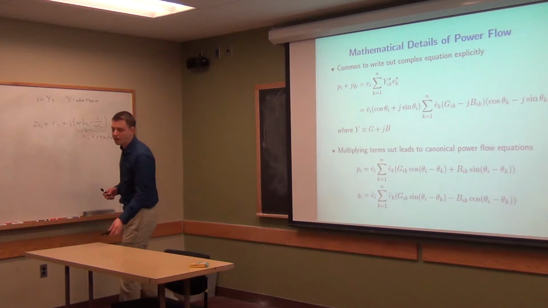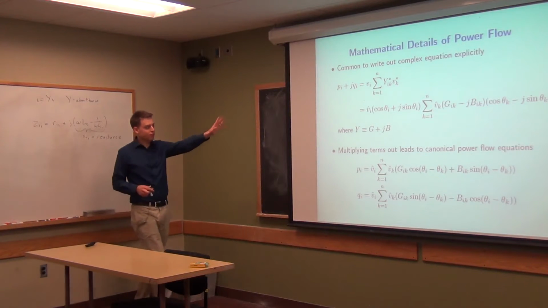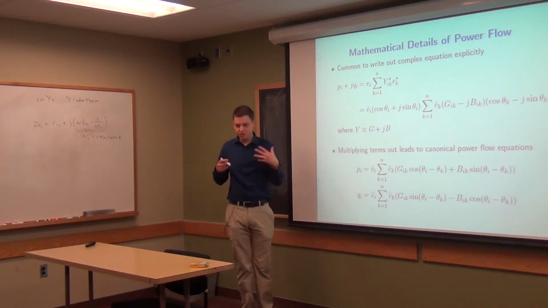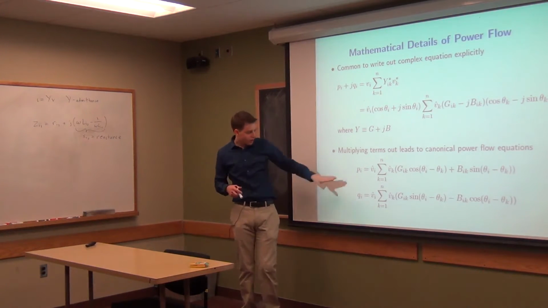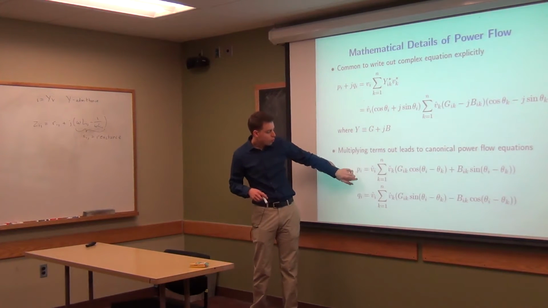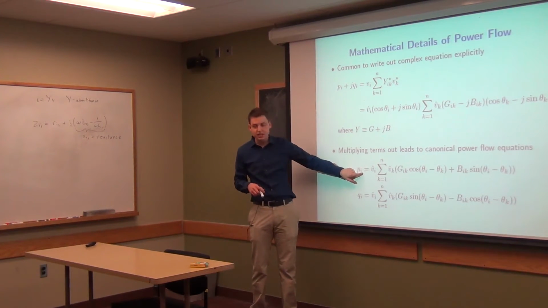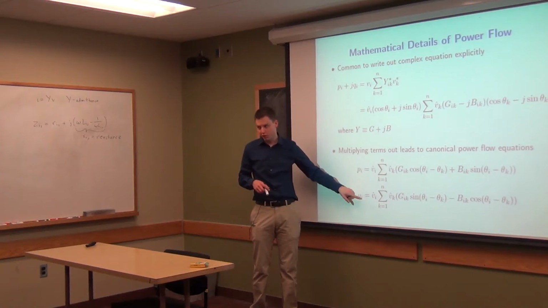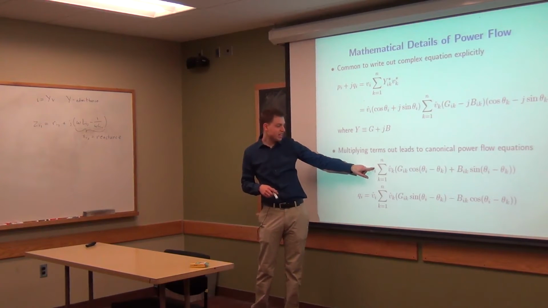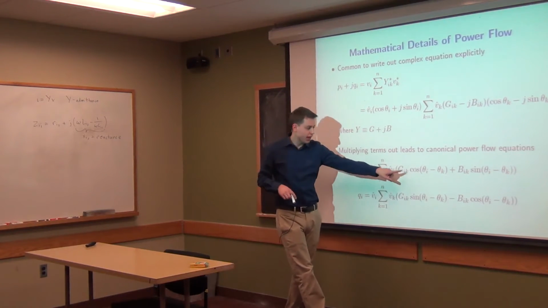So I'll write out this expression here because you should be used to seeing it. What this does is write out these equations in terms of the individual components of real and reactive power, and in terms of the individual voltage magnitudes and voltage angles.